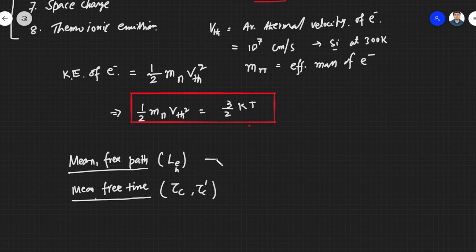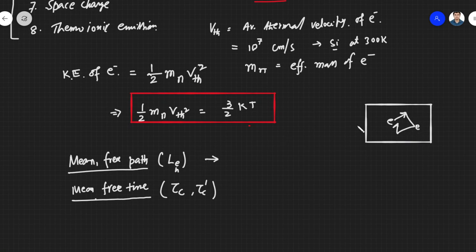So what is mean free path? As I said, at thermal equilibrium, these carriers, electrons and holes both, are in random motion. They are moving randomly, colliding with the lattice, the different ions or different atoms.